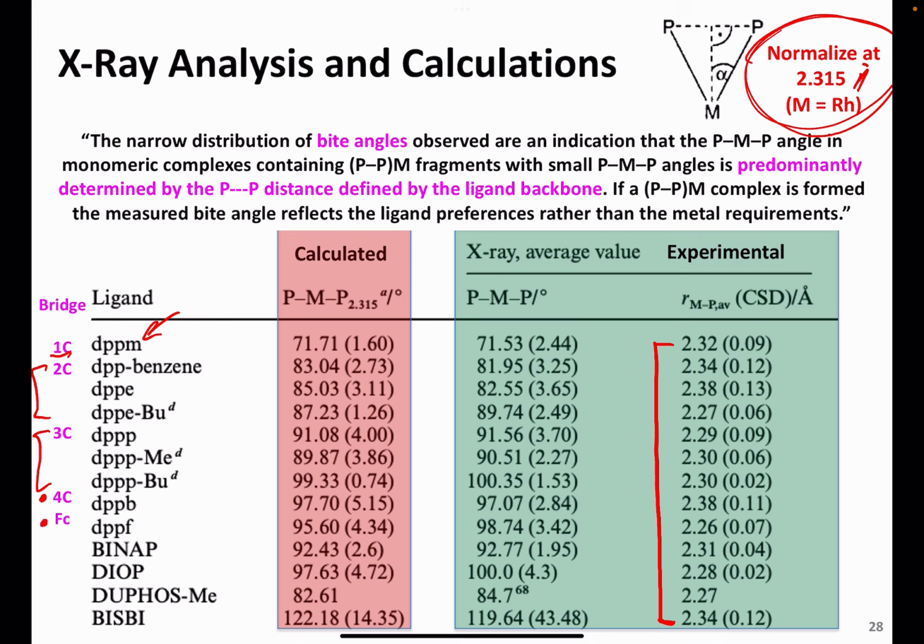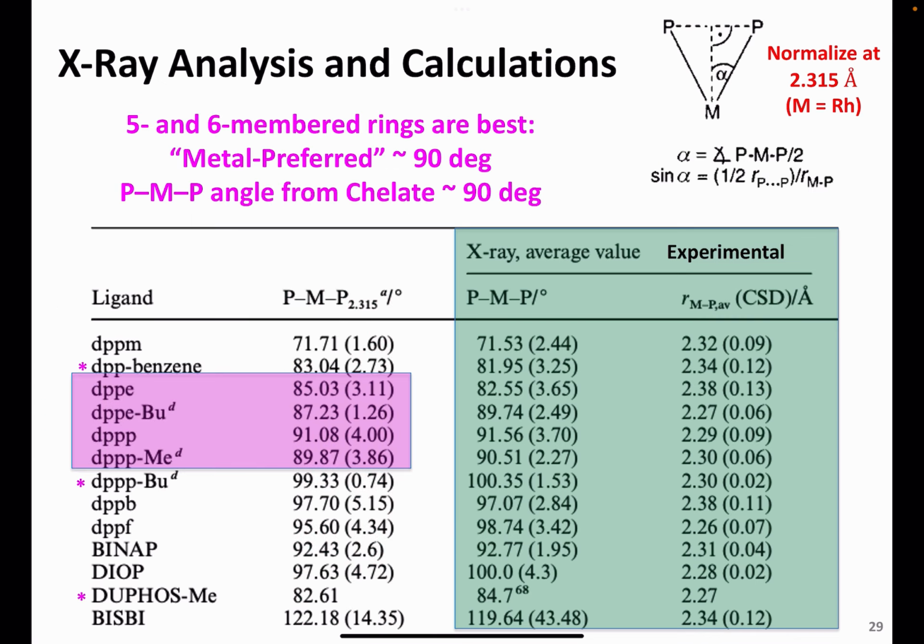Notice that as the bridge starts to get bigger and bigger, both the calculated and the experimental bite angle get larger and larger. And notice, though, the 2-carbon and 3-carbon bridges in particular, those PMP angles are really hovering towards 90 degrees. And I think that this really is indicative that there are 2 different phenomena going on.